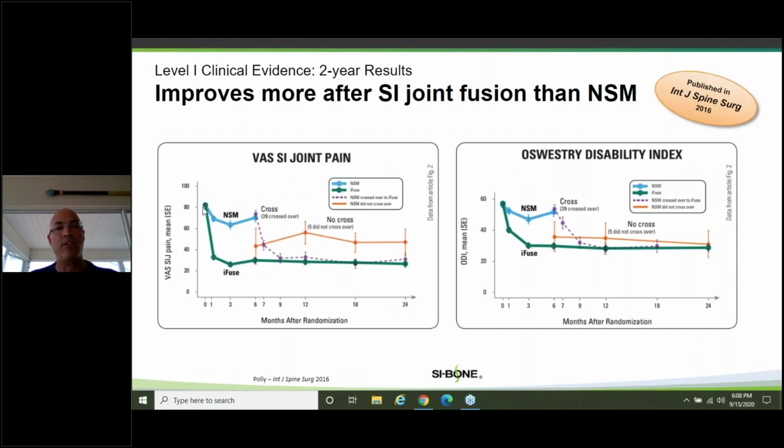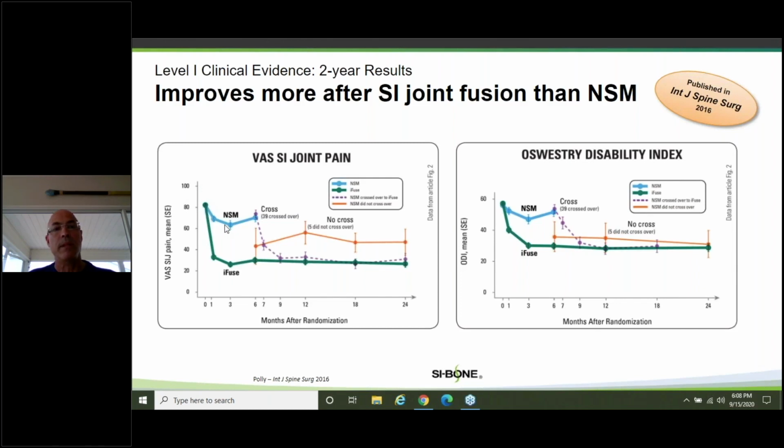If you don't have any surgery, and these are the people that I'm talking about that have exhausted all conservative treatment, just like the other slide, the y-axis, this would be 10 out of 10 pain. So here again, they're 8 out of 10, hard to live with.